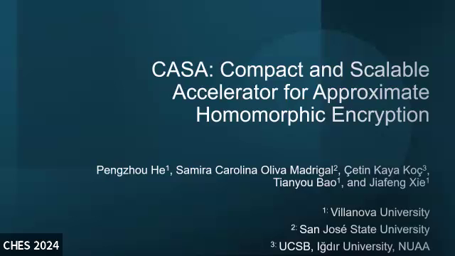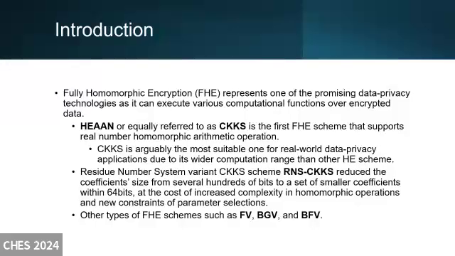Okay, this is a brief introduction. As some of you know, there are multiple generations of homomorphic encryption available in the literature. According to our review, CKKS is probably considered one of the most promising FHE schemes, simply because its operation range is wide and covers floating point arithmetic.